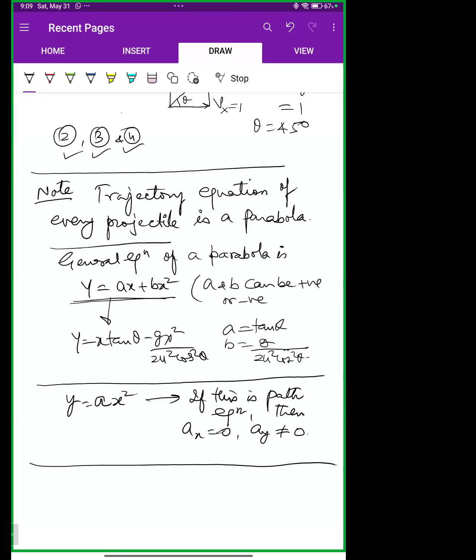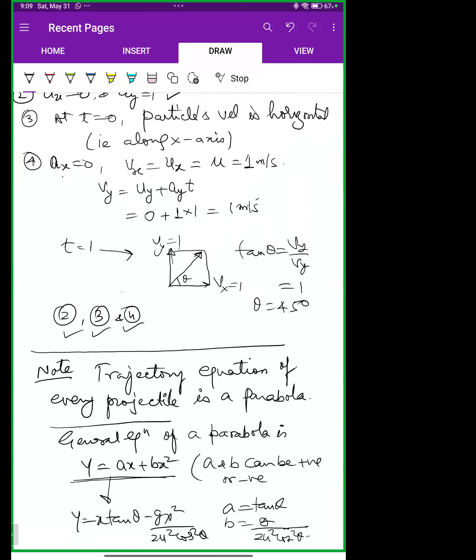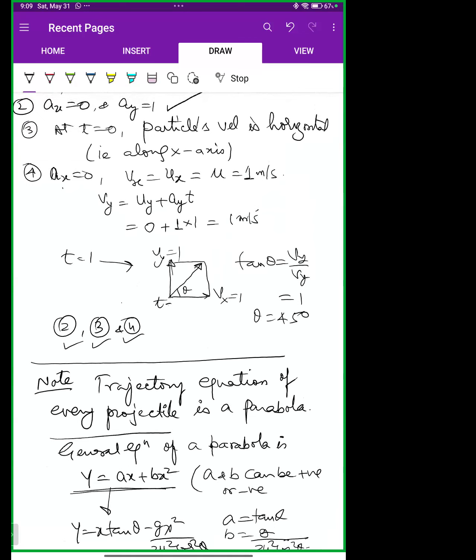So ux remains vx. If acceleration in x direction is 0, then velocity will remain constant. This is t equal to 0, t equal to 1, vx is equal to ux is equal to 1. Vy is equal to ayt is equal to 1 into 1 is equal to 1. Okay, sir. Got it. Thank you.